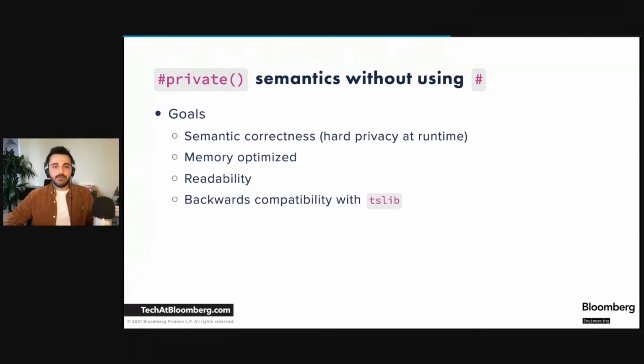Readability is definitely important to us, especially for debugging situations where you might not have access to the source code or to source maps. And we also would like to pay attention to backwards compatibility with tslib, which is a separate package that contains some helper functions that are used by the compiler in the emitted JavaScript.